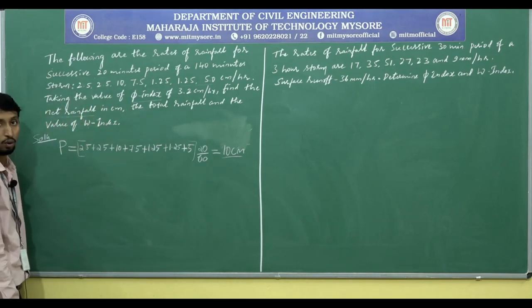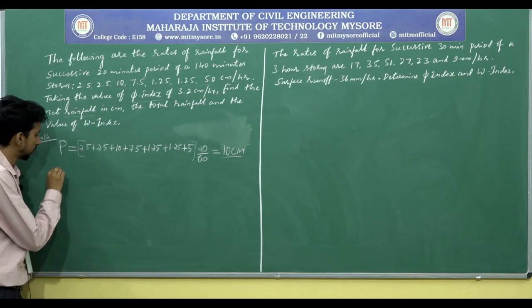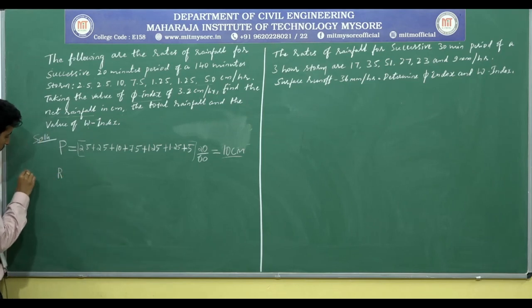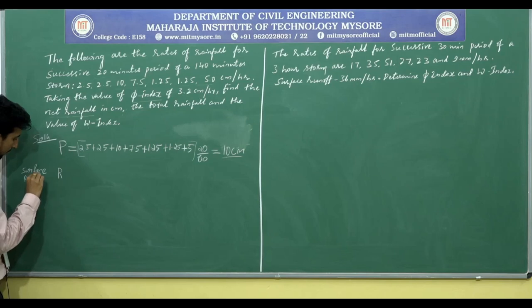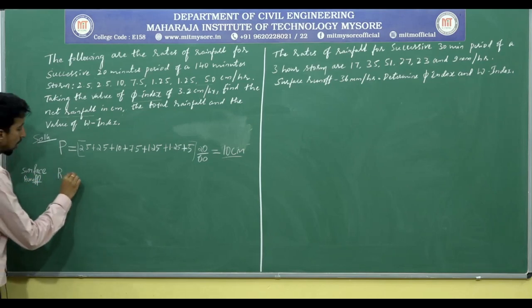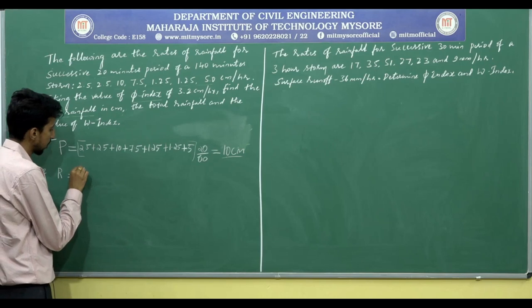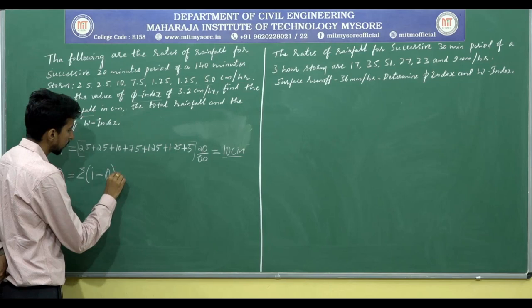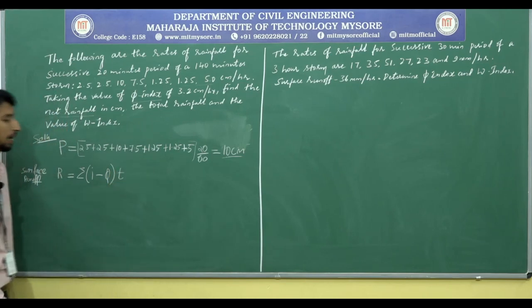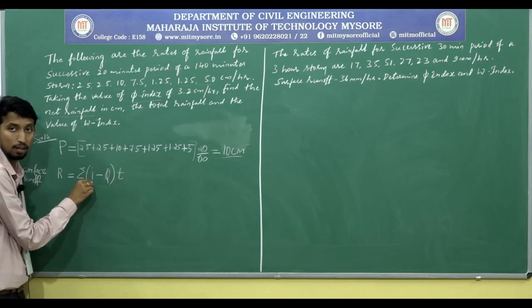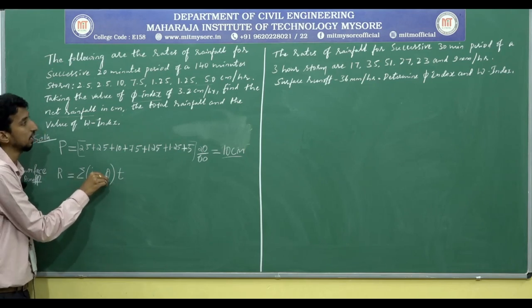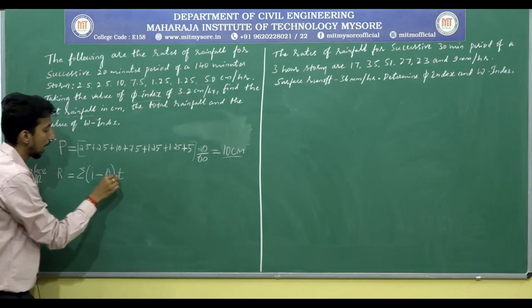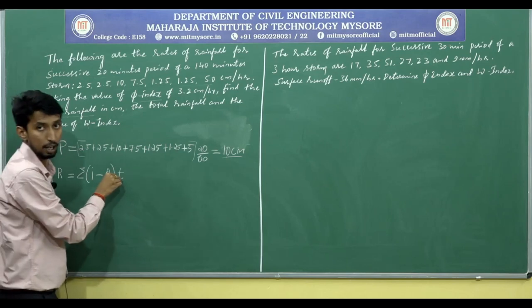Next, we need to find the runoff. R is the surface runoff. R equals the summation of I minus phi index, bracket, into time, where I is the rainfall intensity, phi is the phi index value and t is the time in hours.